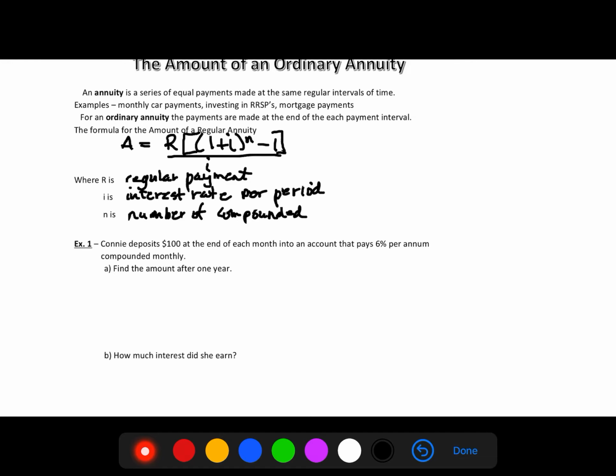And N is the number of compounding periods, which simply means how many times a year times the number of years is interest compounded. Number of compounding periods.